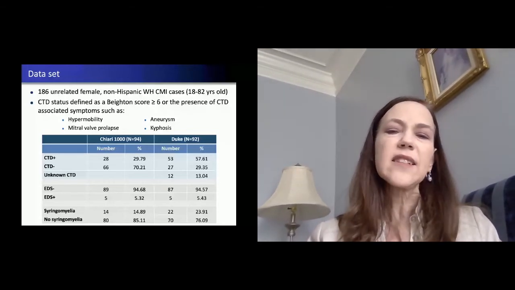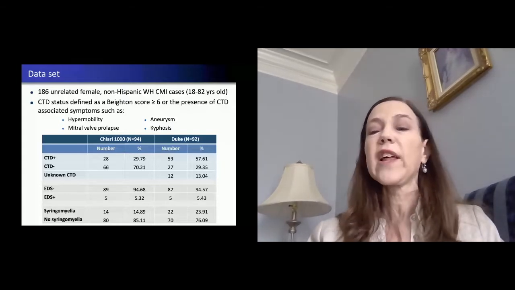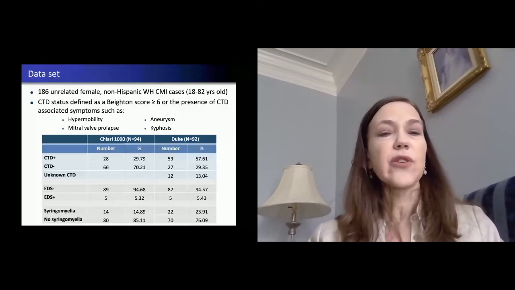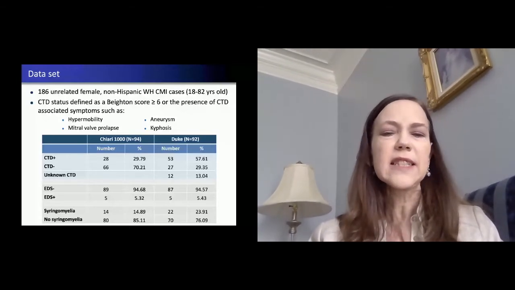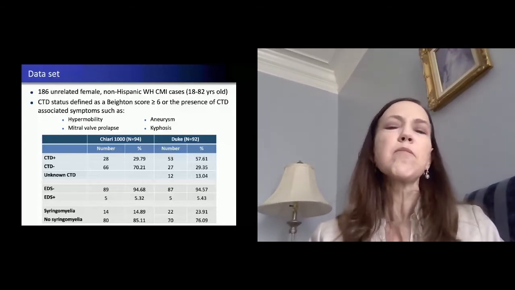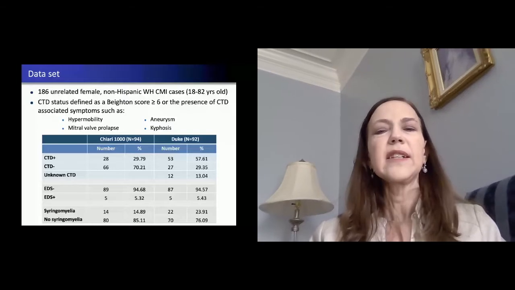There really wasn't a difference related to those with or without a formal EDS, Ehlers-Danlos diagnosis, and there were some differences with respect to syringomyelia, but it wasn't very drastic.